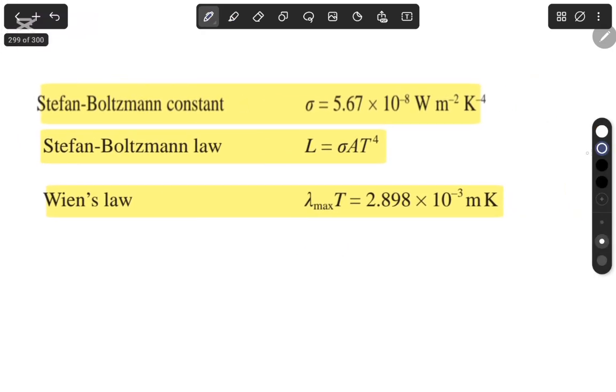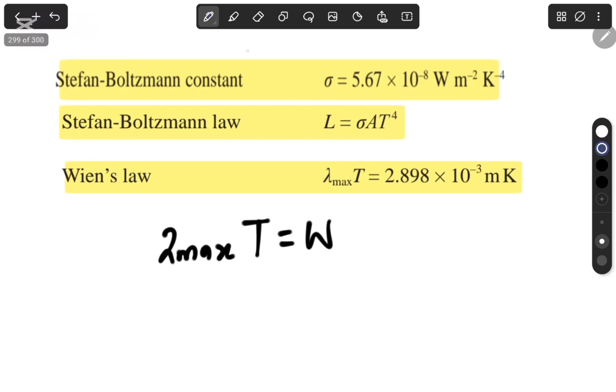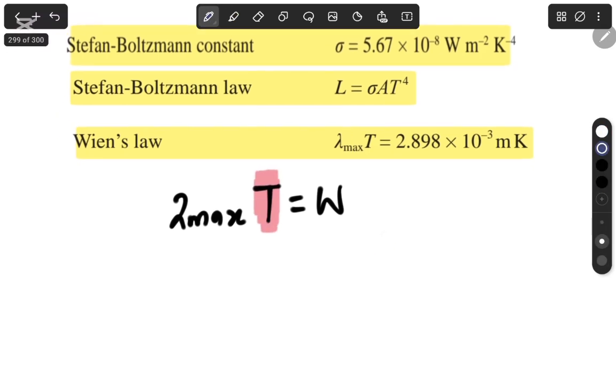So what you want to do here is find lambda max first. We're going to find lambda max from the graph, and using that we're going to find the value of T, where lambda max times T is equal to the constant W. Now using that value of T, I'm going to plug it into the formula L equals sigma 4 pi r squared T to the power 4, where 4 pi r squared is the surface area of a sphere.